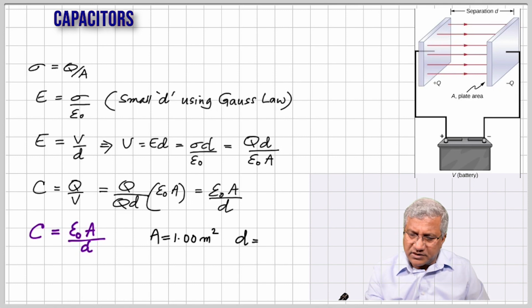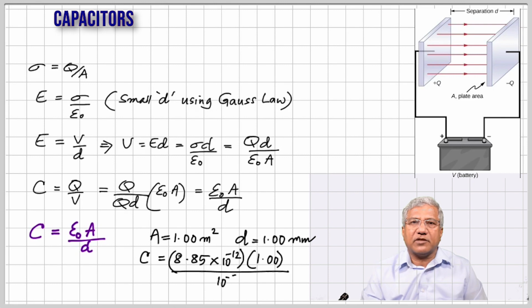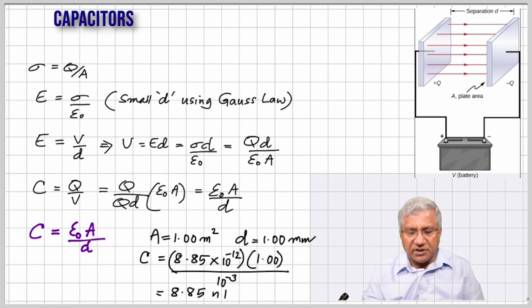Now here is a question, a simple one. The area is taken as 1 meter squared. D is 1 millimeter between the plates. And epsilon naught is 8.85 times 10 to the negative 12. So you see in the denominator, in place of 1 millimeter, you have 10 to the negative 3 meter. That's 1 by 1,000.